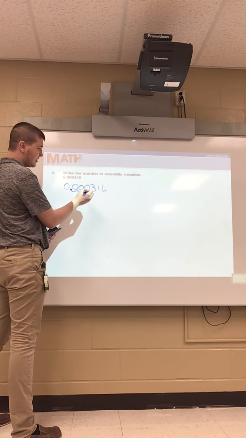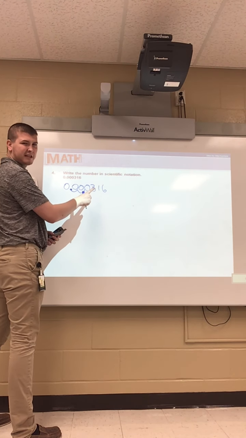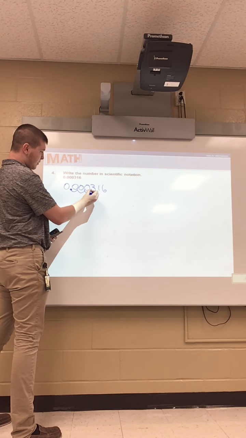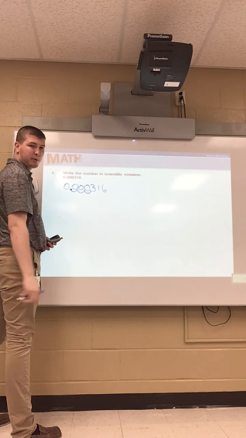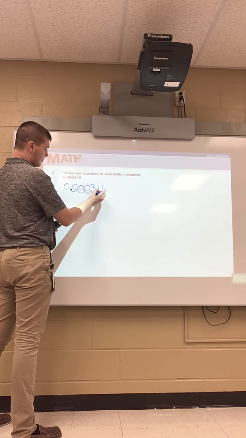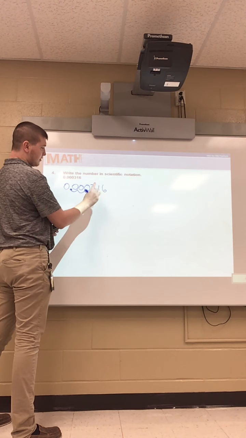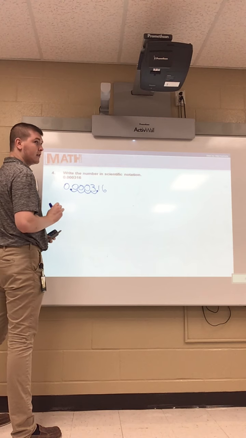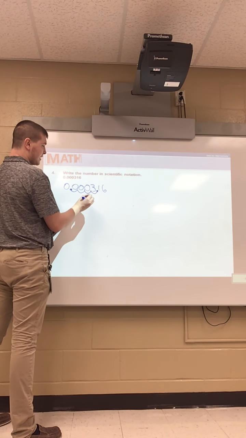If I stopped here, that'd be 0.03. That's not even close to 1. If we go one more, that's 0.3. It's not between 1 and 10, but we're getting closer. If we go right here, 3.16, and 3 is between 1 and 10. So we can stop right there.